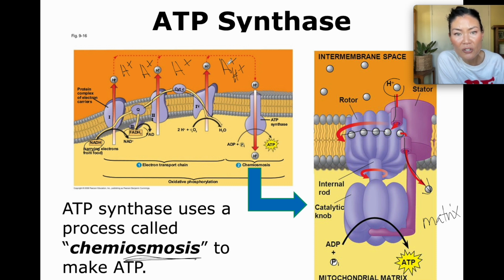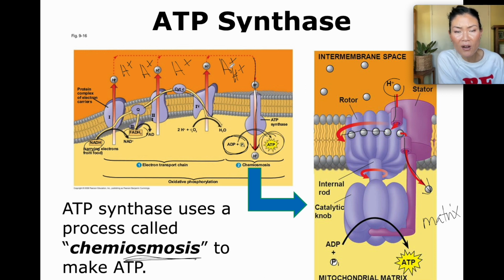That concentration gradient can be used, right? Because those protons are going to diffuse, facilitated diffusion. They're going to move down their concentration gradient. As they move through ATP synthase, the enzyme is going to bring ADP and inorganic phosphate together to make ATP. Okay, so that's chemiosmosis.